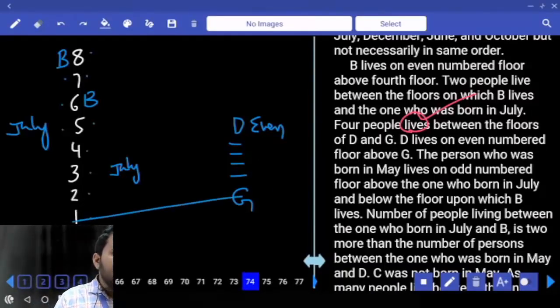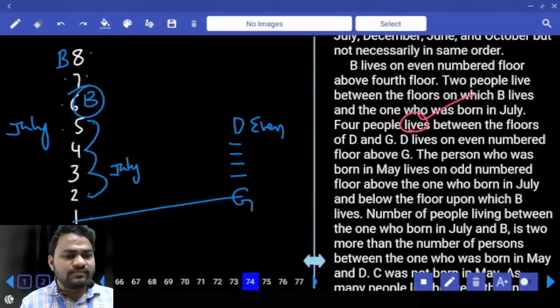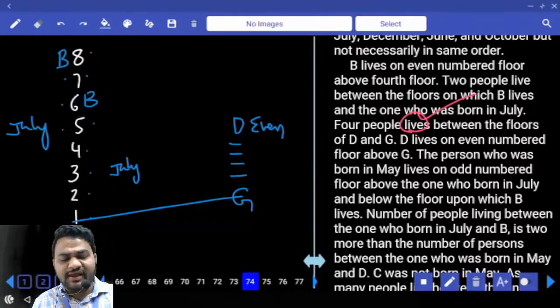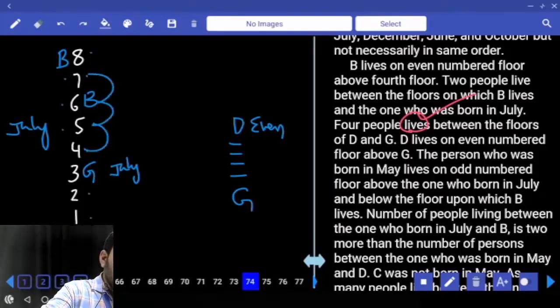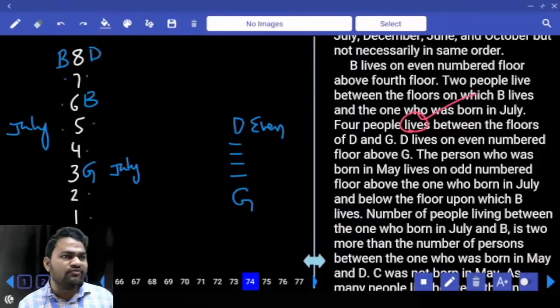If G is on the first floor, after leaving 4 floors, can you place D here? No, which means G must be on an odd number floor, but it is not the first floor. Then G must definitely be on the third floor. After leaving 4 floors, we need to fix D. D is on the 8th floor, which is an even number floor.